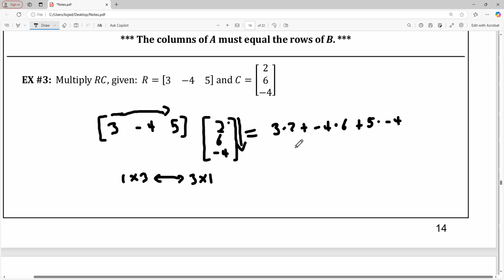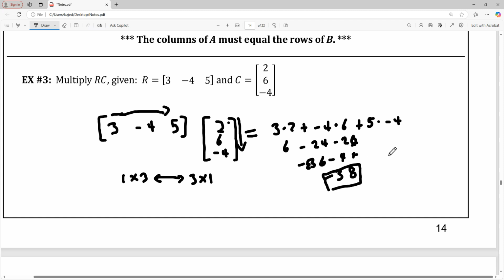So to get this, 3 times 2 is 6. Negative 4 times 6 is negative 24. And 5 times negative 4 is negative 20. That means I'm getting negative 20, negative 24 plus 6, which is 6 minus 44. Yeah, negative 38. And so that would be the answer.